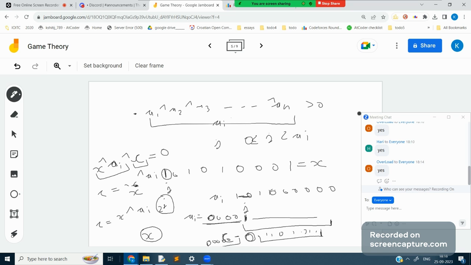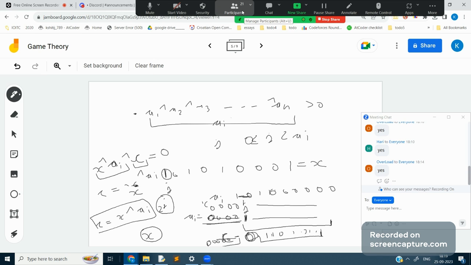And now if we take this number, notice that C will always be less than AI and will be non-zero. This bit will flip to 0, and these bits will change to some other values. These are 0, so these will also be 0, and the XOR value X also has these 0. Say X is here, it has this as 1, and this can be anything. Did you all get this part, the construction?